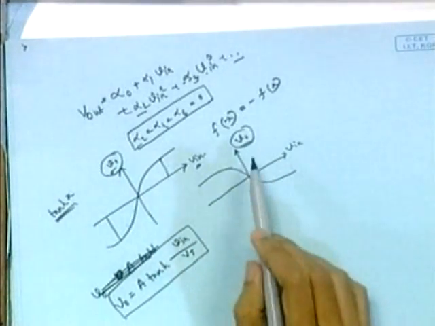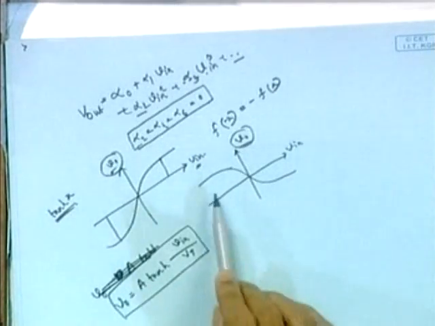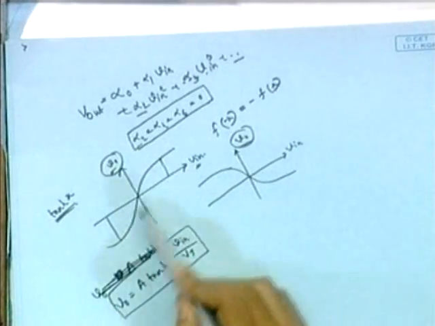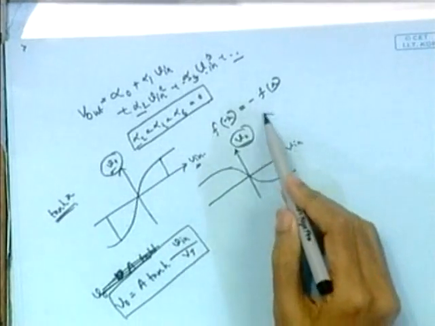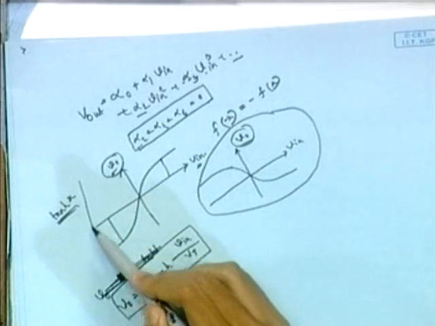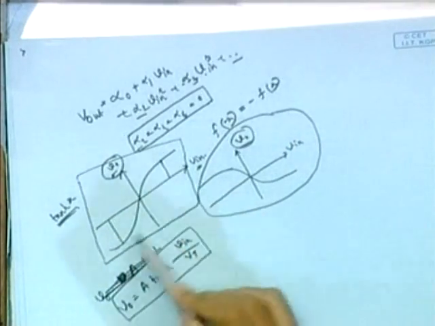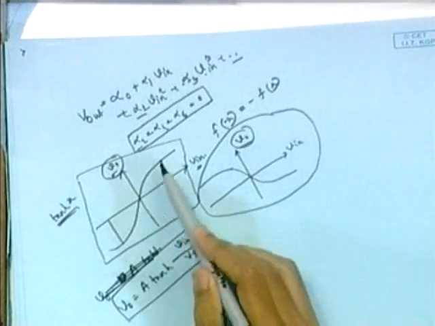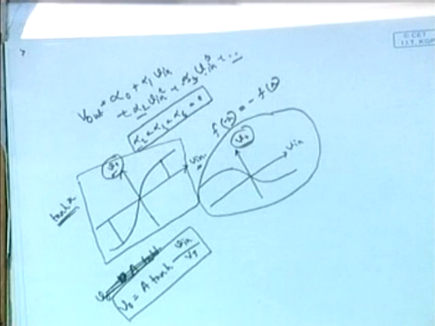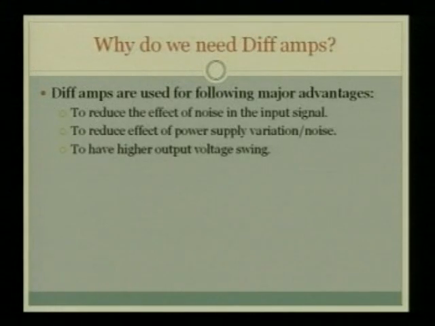So depending on that reference, the shape of the function changes. Sometimes it is like this, and sometimes it is the other one. But mostly we will be following this one. Only one case uses an active current mirror as a load, and that shows this kind of positive slope of the transfer function. So this is regarding the definition of the differential amplifier.